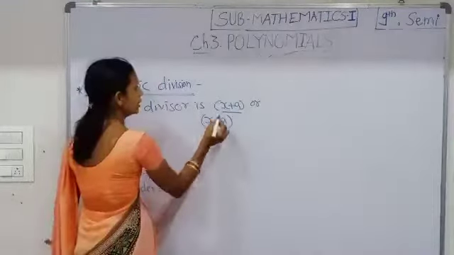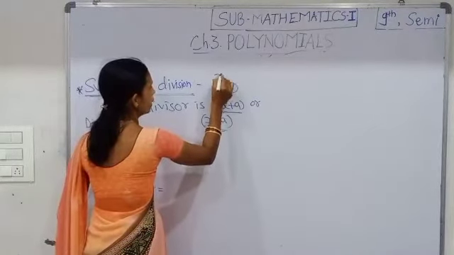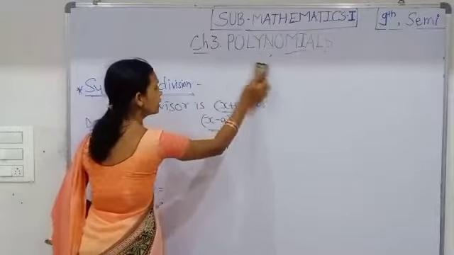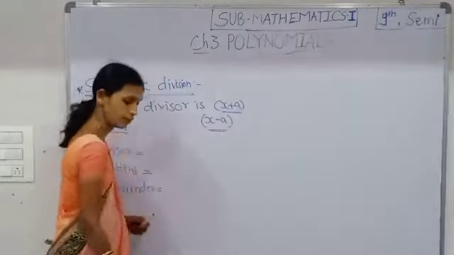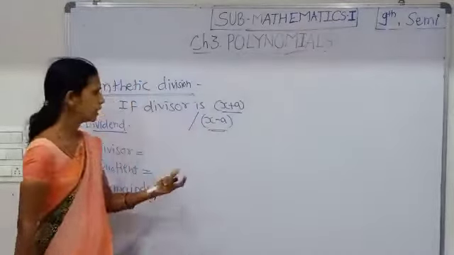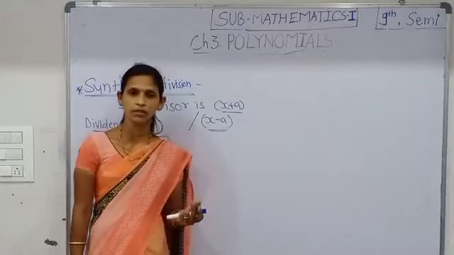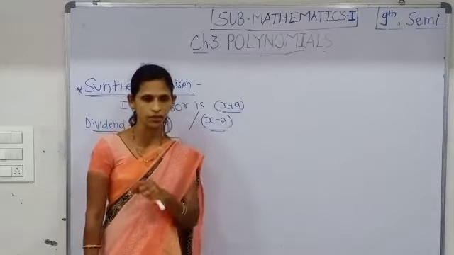For example, if the divisor is x plus 2 or x minus 4, then we can solve the examples of division of polynomials by the synthetic division method. Now we will solve a few examples of the synthetic division method.